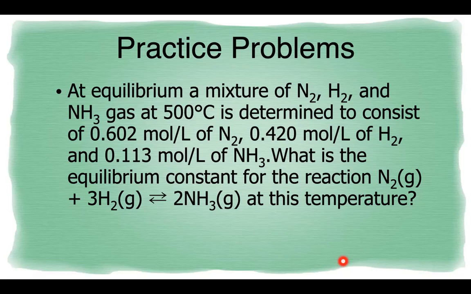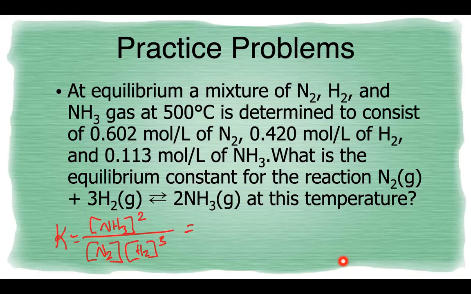Now, they've already given the balanced equation, so all we have to do is write our equilibrium expression. So we get K equals NH3 squared over N2 times H2 cubed.